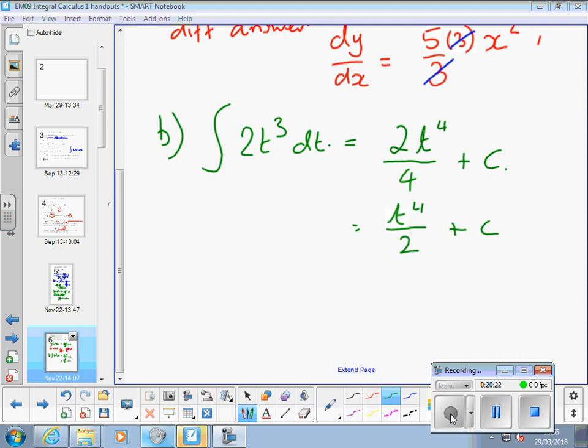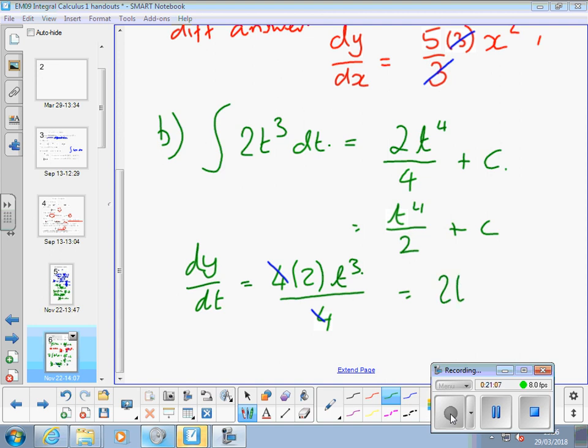Now if you differentiate that with respect to t, we'll call it y, dy by dt is equal to 4 times 2 t to the 3 over 4. The c cancels, so we end up with 2 t to the 3, which is what we started with.